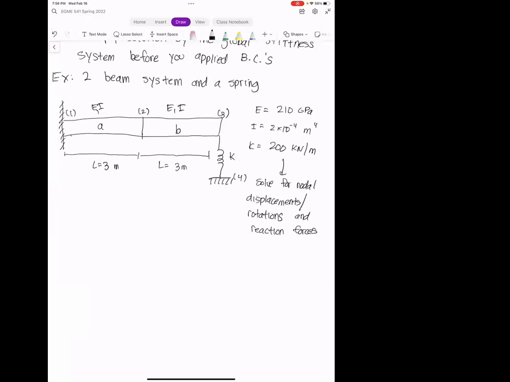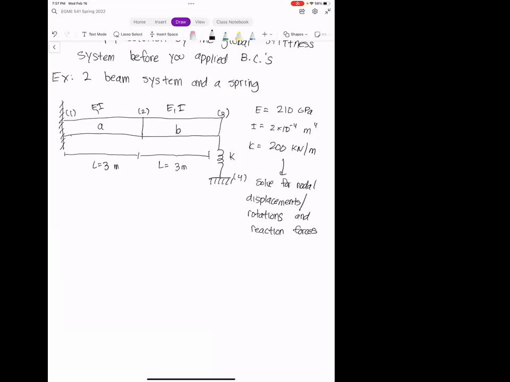All right, and so this is almost a carbon copy of the last example. The biggest difference here is that we actually have a spring. And springs, remember, are just like trusses, and so springs are only limited to axial deformation.